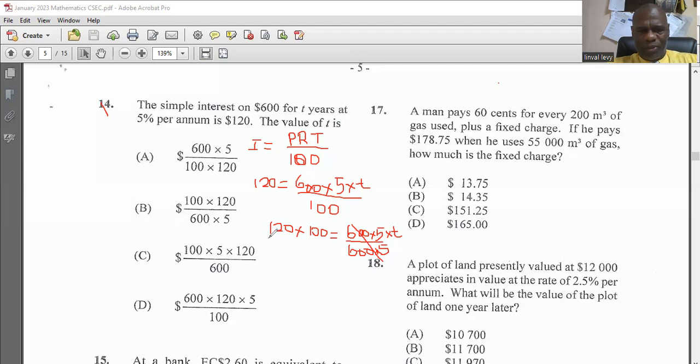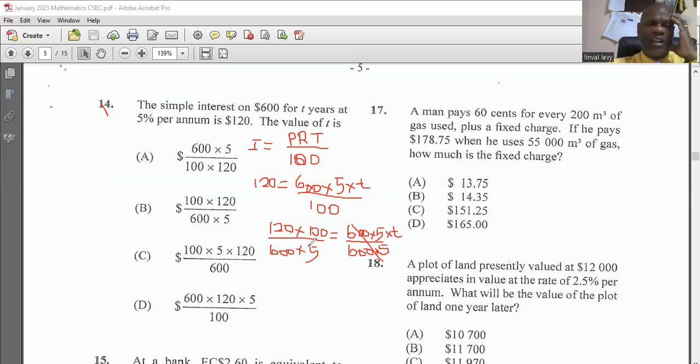I must also divide this side by 600 times 5, right? So that says T equals 120 times 100 divided by 600 times 5.